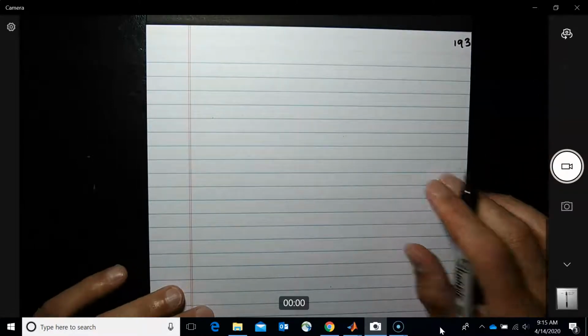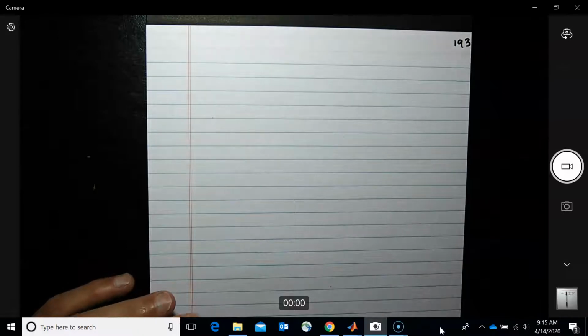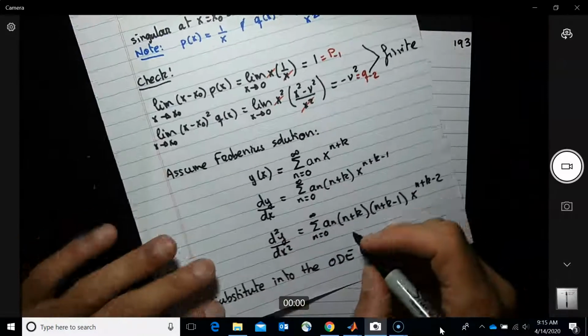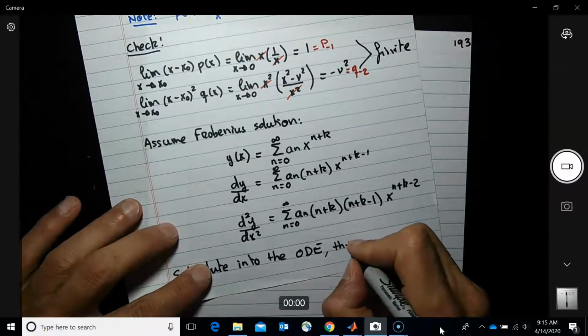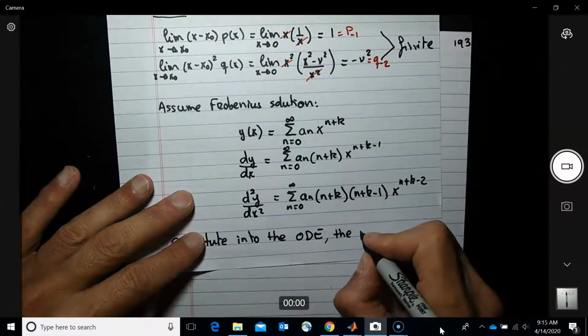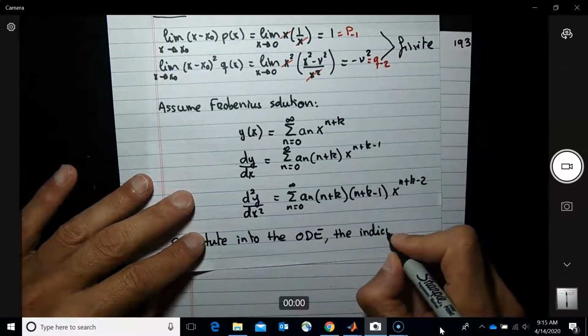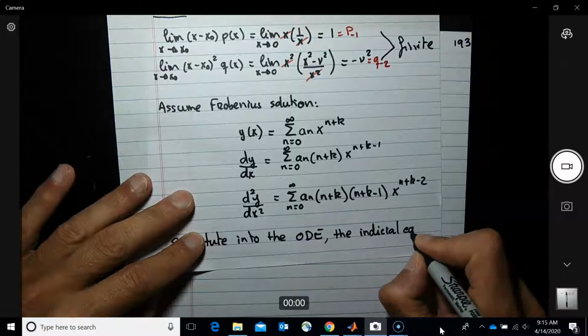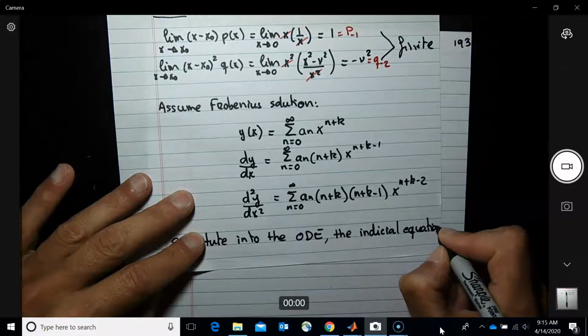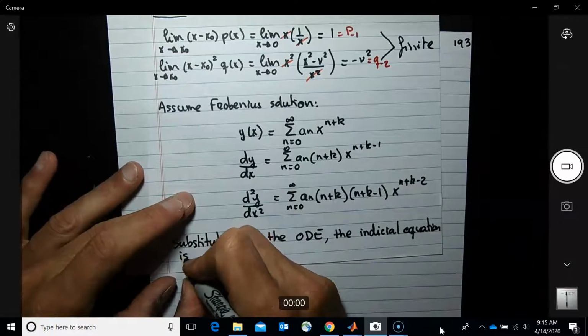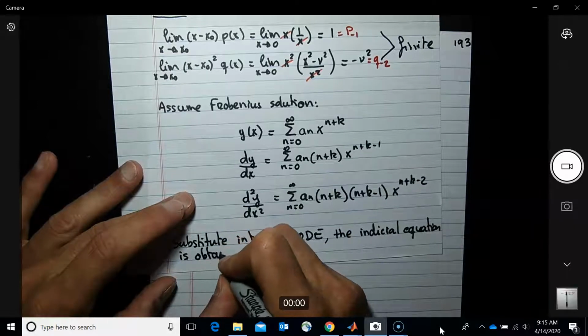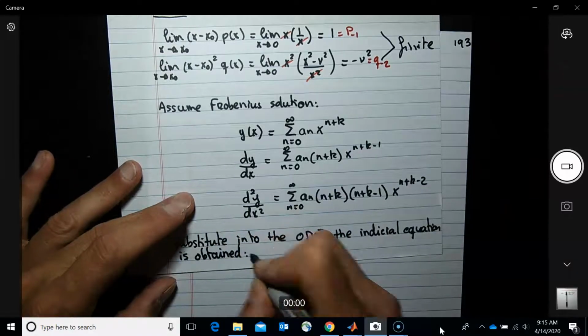So we can say that the initial equation is obtained, okay?